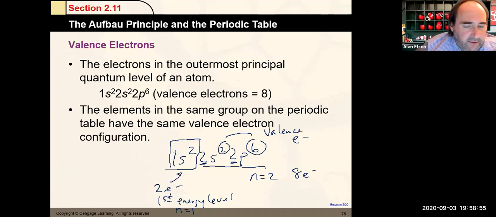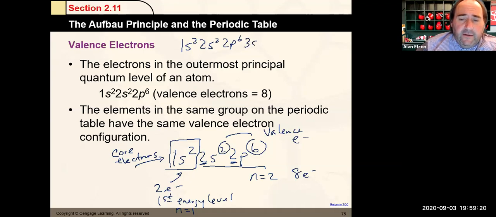These electrons that are not the valence electrons, that are closer to the nucleus, are sometimes referred to as core electrons. So core electrons are those electrons that are closer to the nucleus. They're not involved in bonding. It really is the valence electrons that are involved in bonding. Again, you could just look at the electron configuration and figure that out. 1s2, 2s2, 2p6, 3s1.